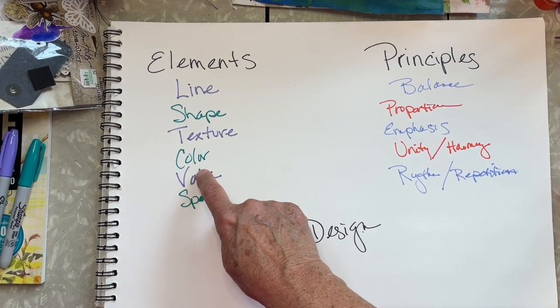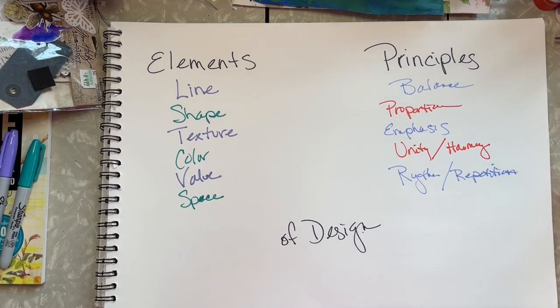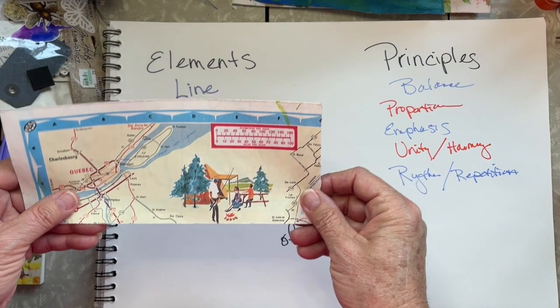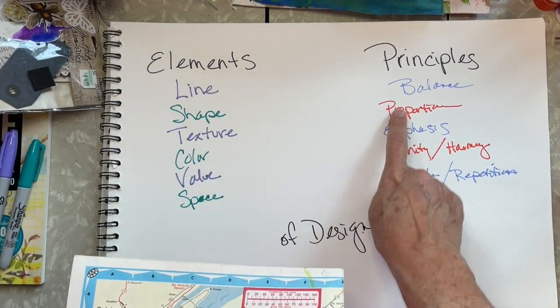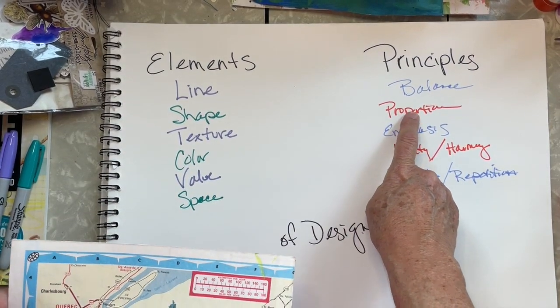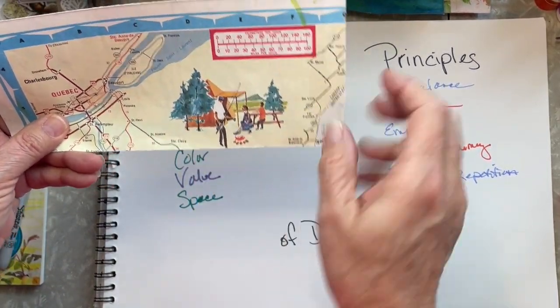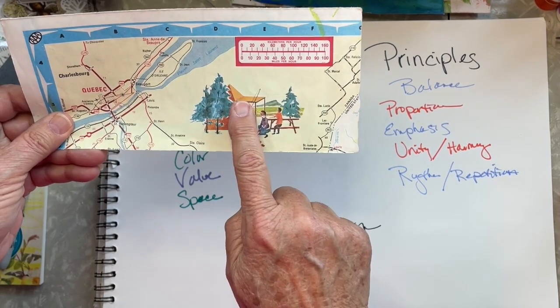Okay, I'm going to go back to that camping picture. I'm going to go proportion first because I was talking about space when I was having us look at this picture here.